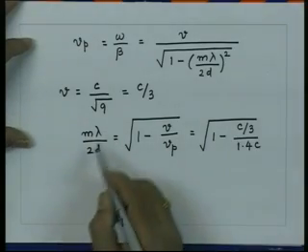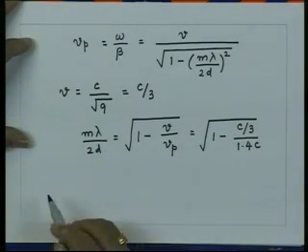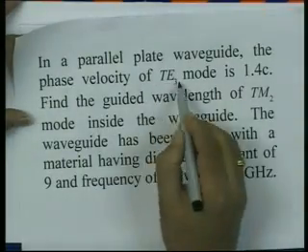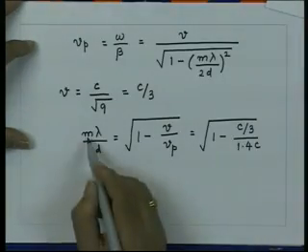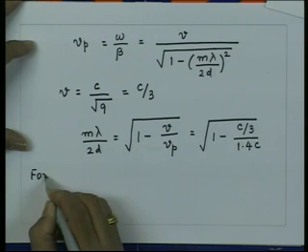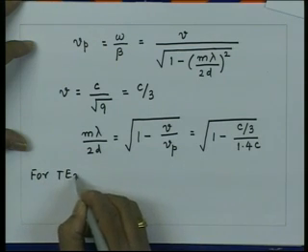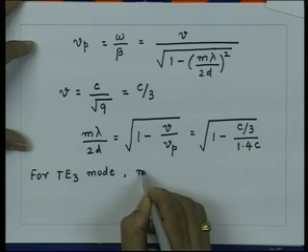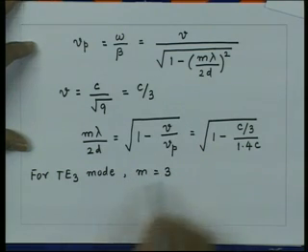Solving this, we get this quantity here, and in this case the velocity is given for TE3 mode, so m is equal to 3. You can substitute here.